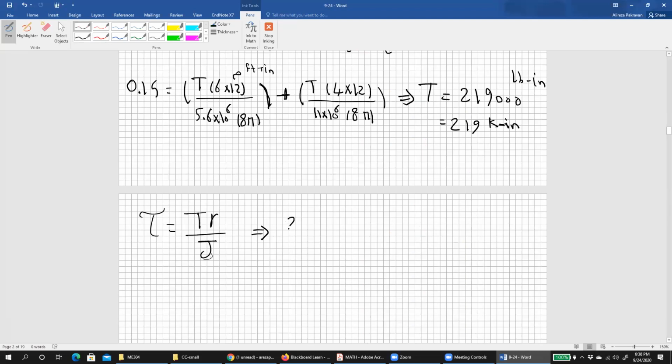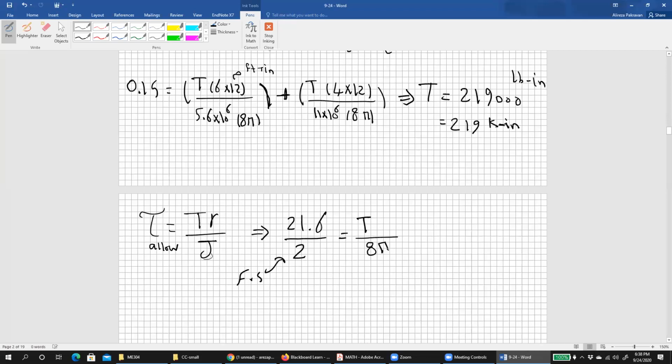The factor of safety is given, right? It is 2, right? Because we want to find tau, because we want to use tau allowable, right? This is the factor of safety. T, what is R? J is 8 pi.